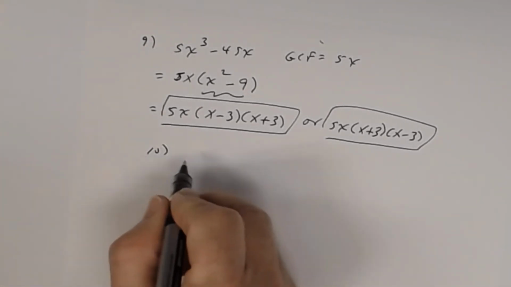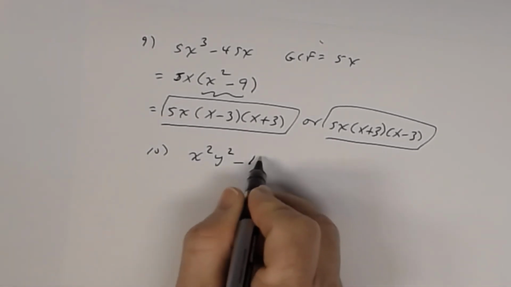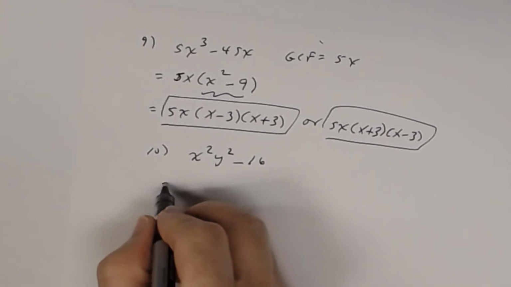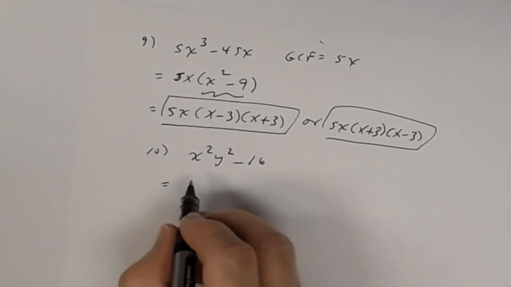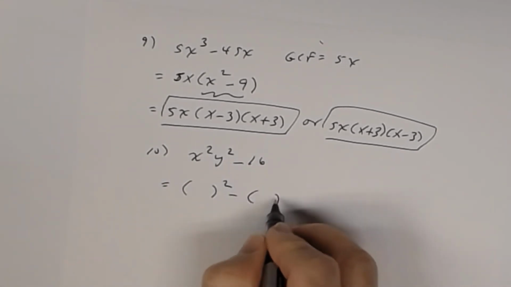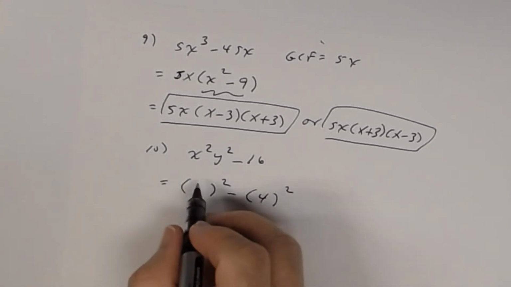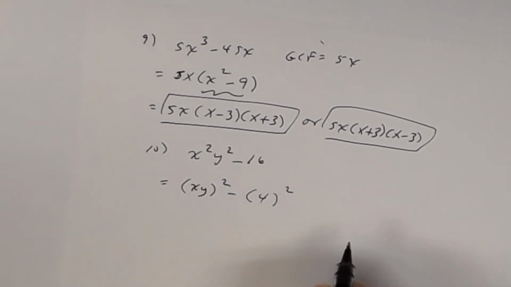And then finally, number 10, you have x squared y squared minus 16. All right, so this one's easy as well, because first of all, the GCF is 1, and you also know that 16 right away is 4 times 4, and x squared y squared I can write as xy times itself, right?